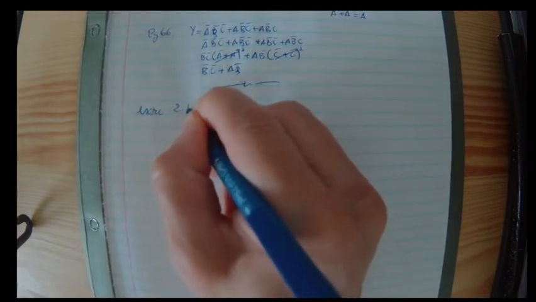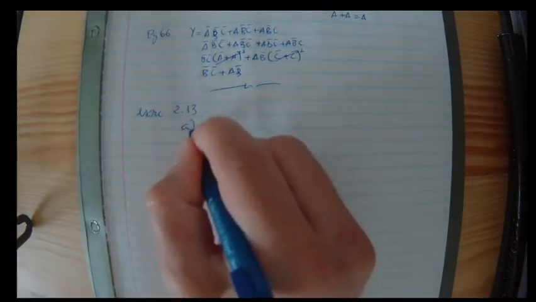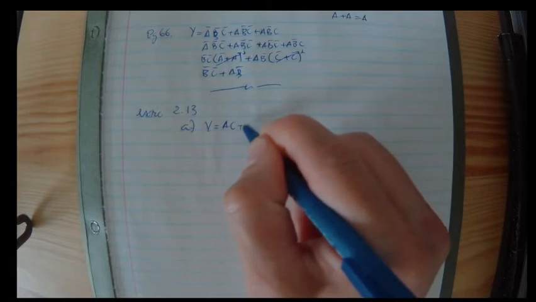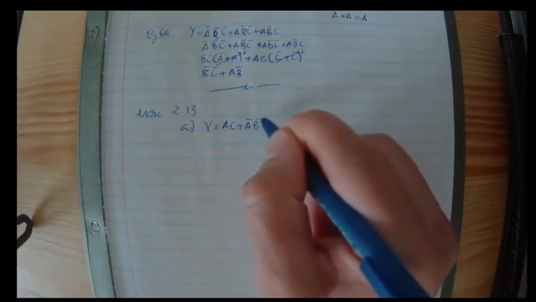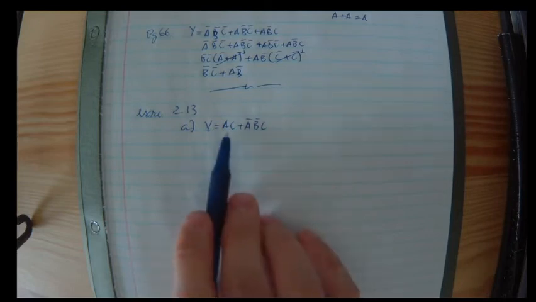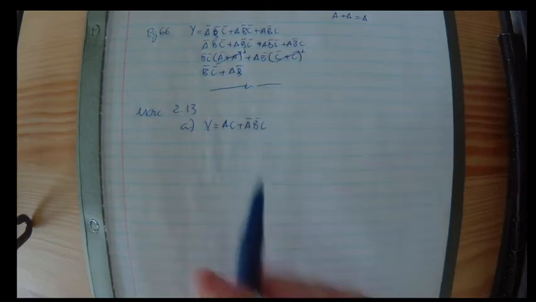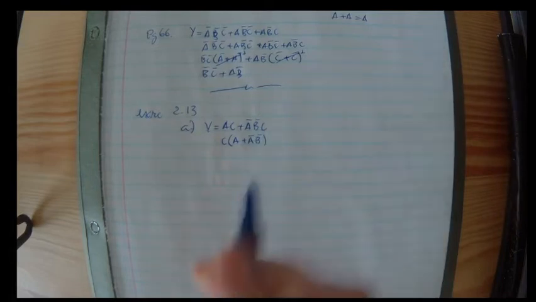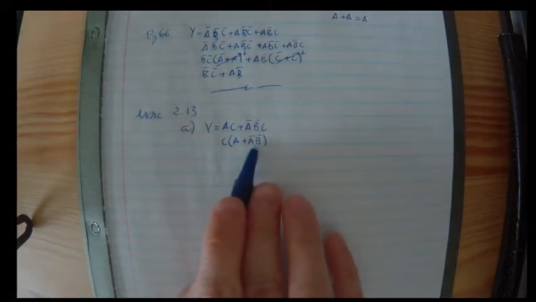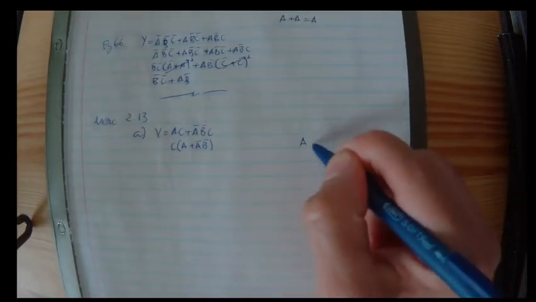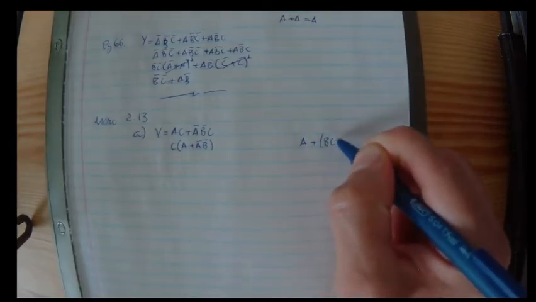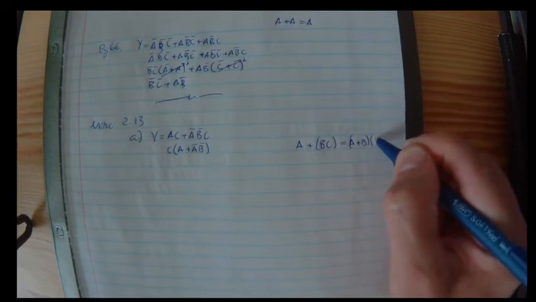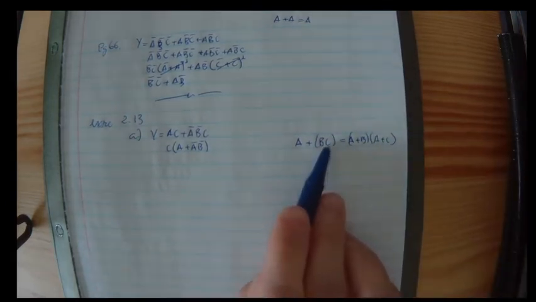We have exercise 2.13, letter A, and the equation is Y equals AC, or A complemented, B complemented, and C. I think we can use distributivity again to isolate C. So we're going to have C times, in parentheses, A or complement of A and complement of B. Inside the parentheses we can use distributivity again, but in another way: we know that A or B and C is equal to A or B, and A or C. That's another distributivity theorem that we have.